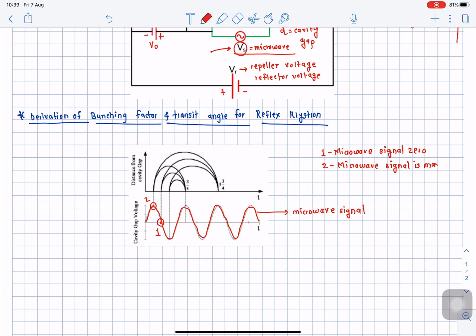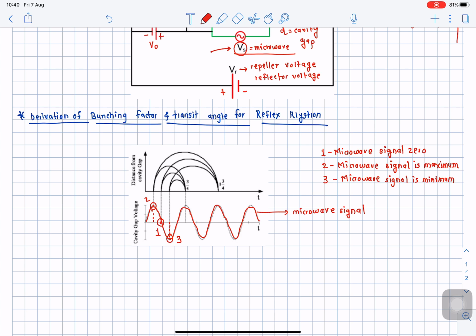Right? It is maximum. And there is another moment, let us call this point number 3. At point number 3, we see that the microwave signal is minimum, or it is a negative peak.